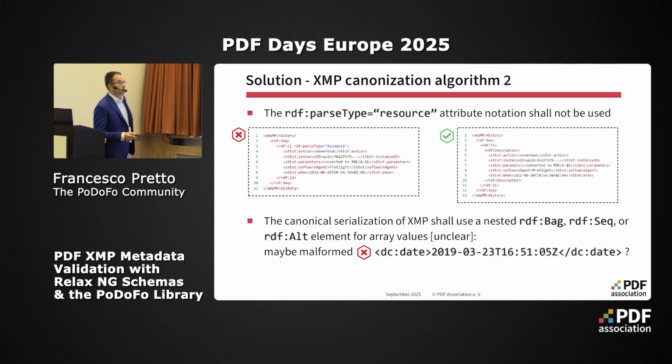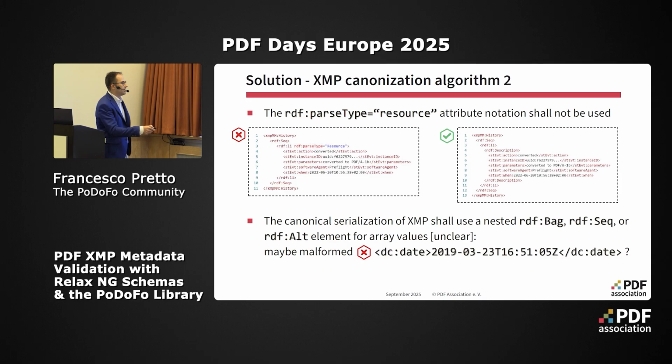There is another requirement which I'm not 100% sure about, which is: the canonical serialization of XMP shall use a nested bag, sequence, or alternative element for array values. For me, it's a bit unclear, and my guess is that properties defined as collections, when they have a single element, should not be represented with a raw value as here, because DC date is a property that is a collection of values.